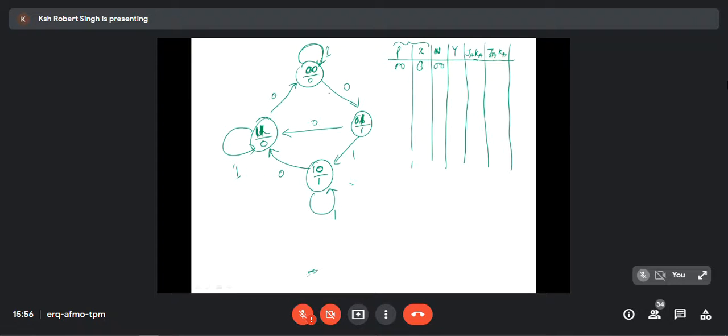From 0 0, when input is 0, it goes to 0 1. You just see here. From 0 0, it goes to 0 1 when input is 0. When input is 1, from 0 0, it goes to 0 0 itself, and when it is 0 0, output is 0.